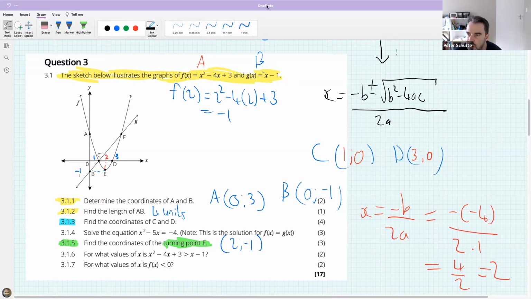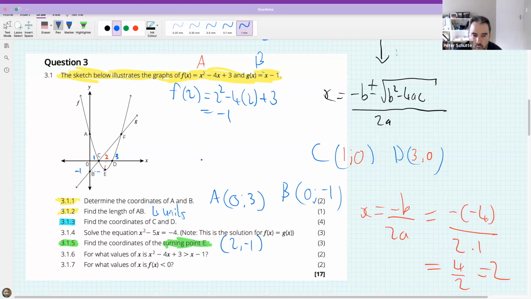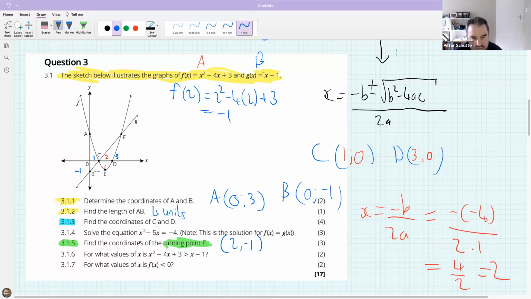Okay, last 2 questions. For what values of x is x squared minus 4x plus 3 greater than x minus 1? Now, the way I want to visualize this for you is I want to give each of the graphs a color.